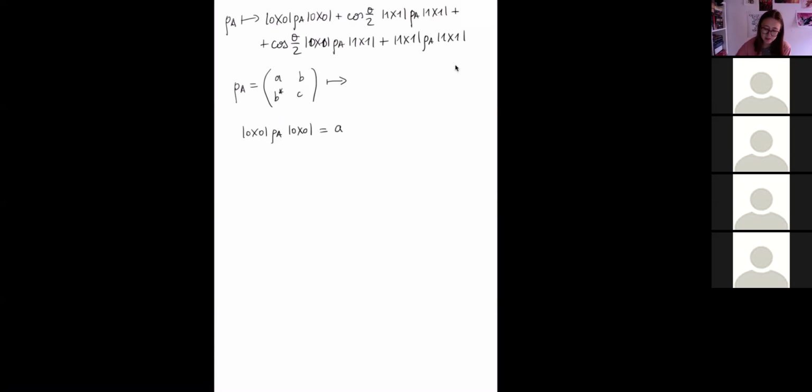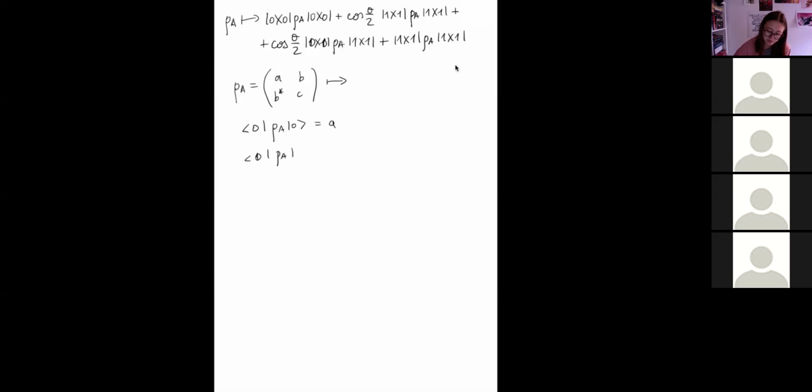So for example, this is A, this is B, this is B conjugate, sorry, not exactly, but I'm just trying to convey my thoughts. Actually, these are the terms which appear in the matrix.